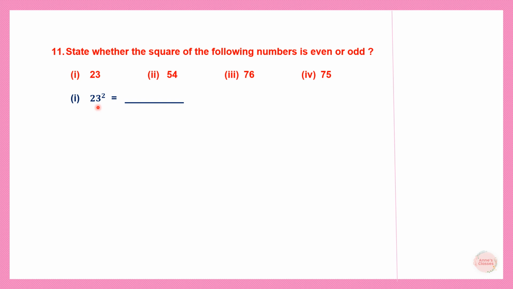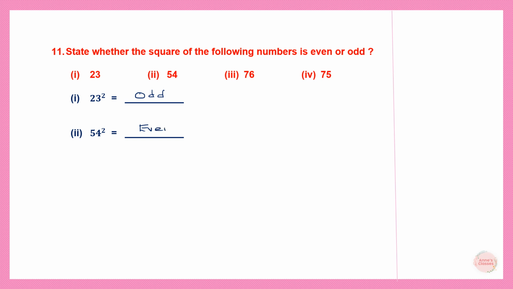If it's an even number, the square will be even. If it's an odd number, the square will be odd. So 23 is an odd number, so the square will be odd. Let's write that. The square will be odd. Next one is 54. And 54 is an even number. So its square also will be even. Let's write that.